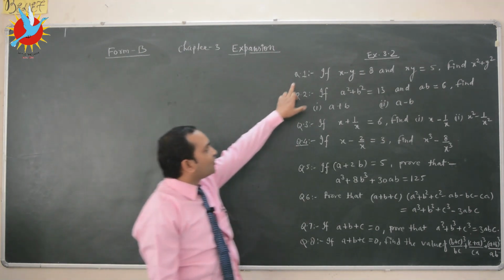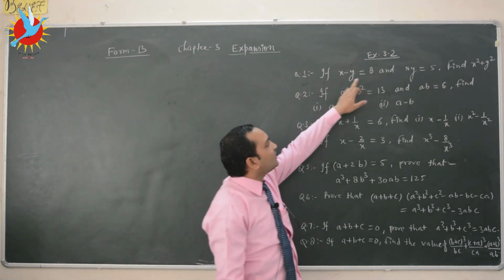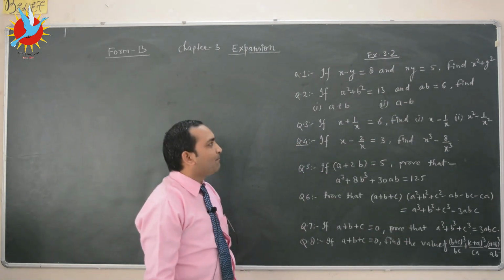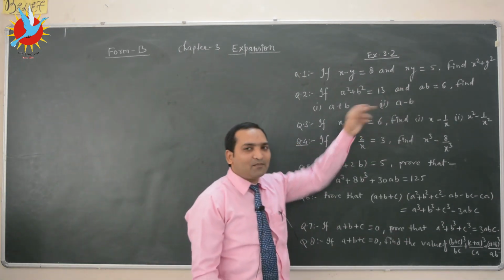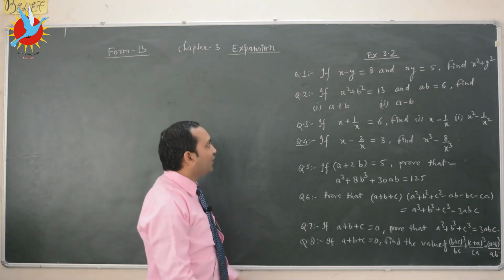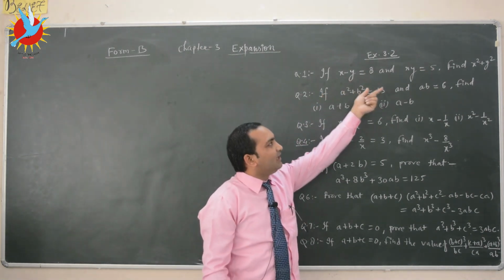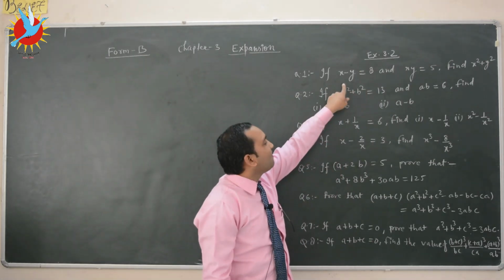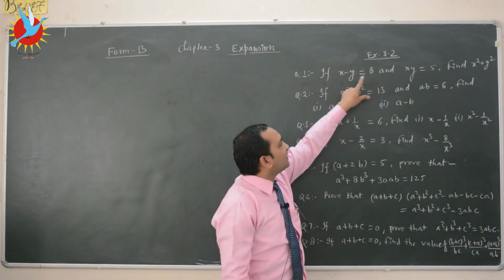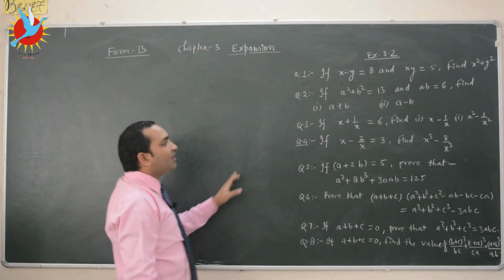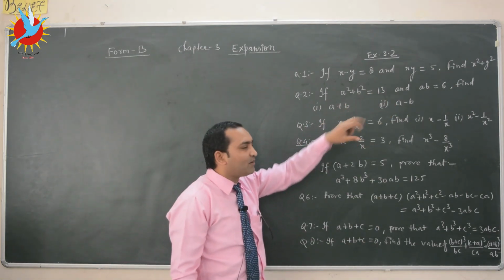So our first question is: if x minus y is equal to 8 and xy is equal to 5, find x square plus y square. Here the values of x minus y and xy are given: x minus y is 8 and xy is equal to 5. We have to find x square plus y square.